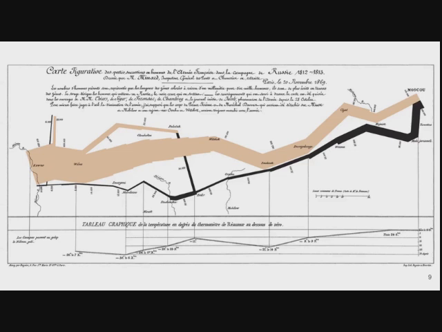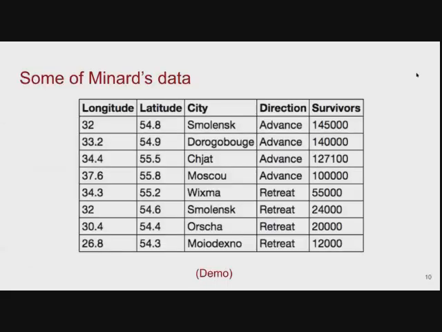Alrighty. So just to bring us back to the data source and think about what we can actually do with Python here. If we load the data, somebody has cleaned up this data, okay? This is a screenshot of some of the data observations in this data set. You can see that it has the longitude, latitude, and the city name. Also direction, whether it's advance or retreat, and survivors, which is the number of soldiers at that point.